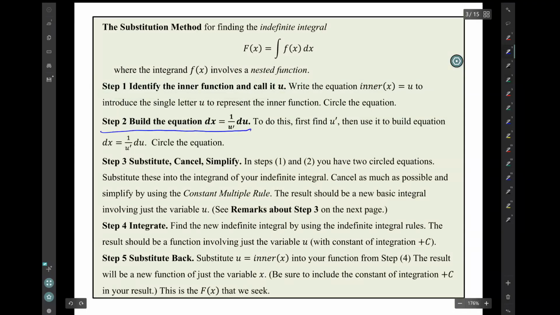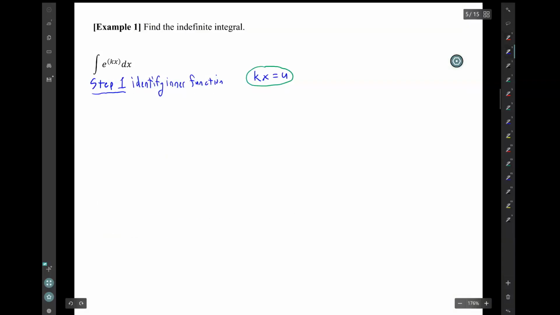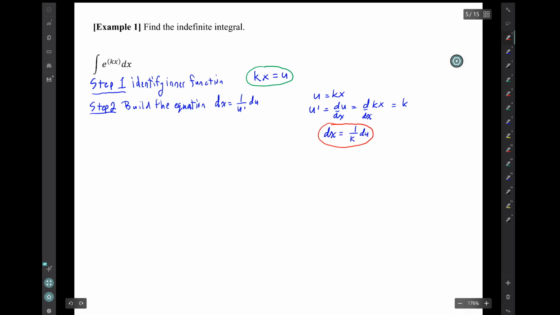Step 2 is to build the equation dx equals 1 over u prime du. There's our equation, dx equals 1 over k du.